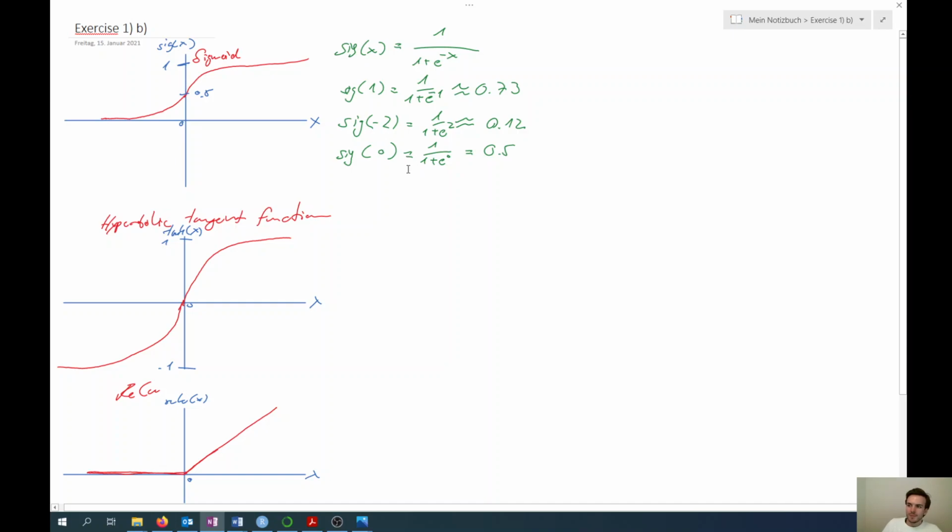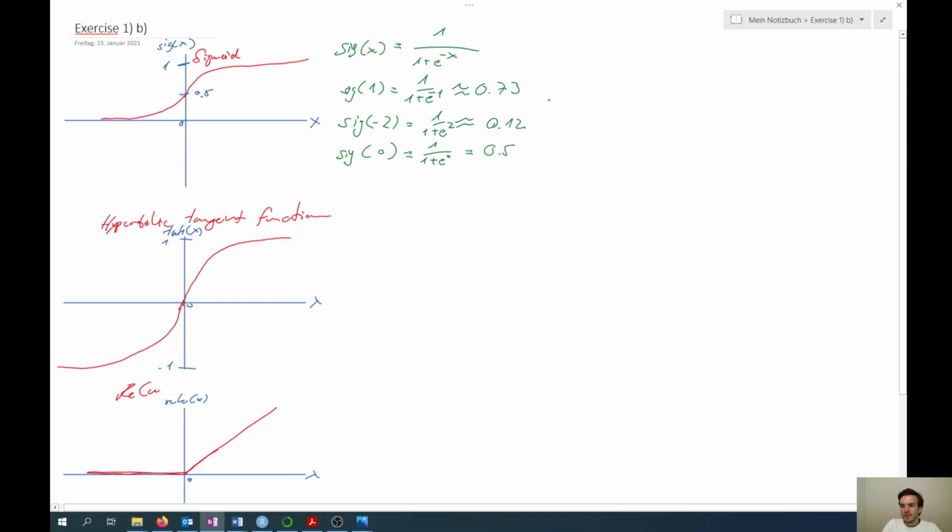And now what can be seen here is that if we use this sigmoid function as the activation function of the output unit, then we can use the network to classify a binary target. So is it either 1 or 0?